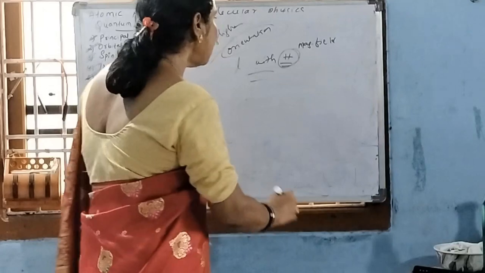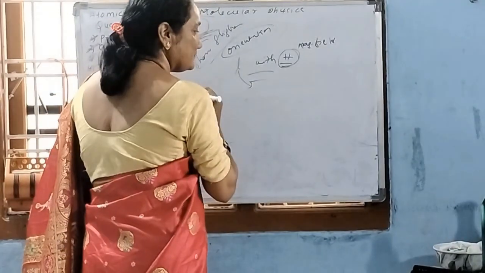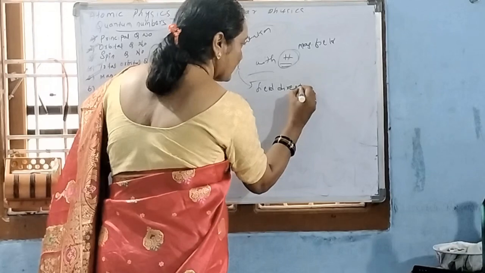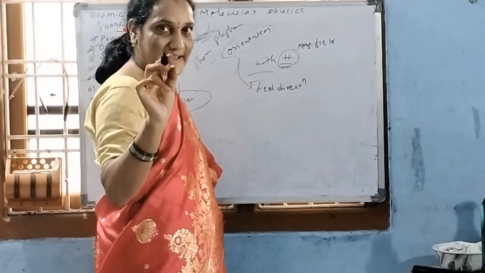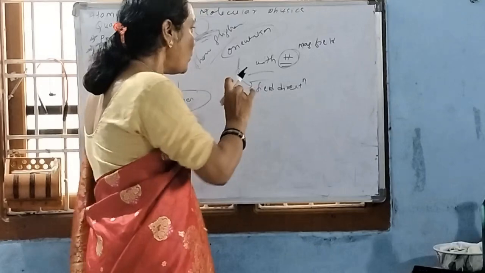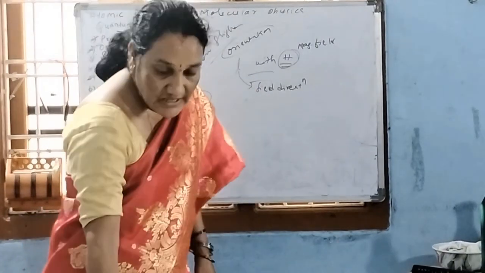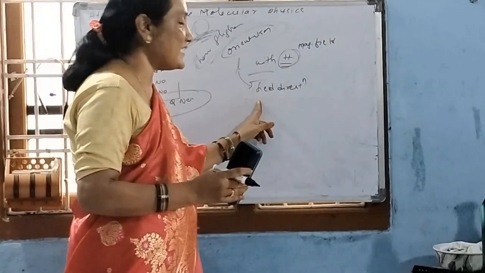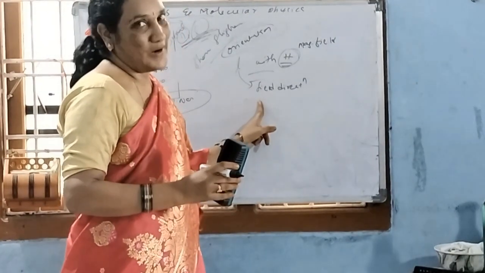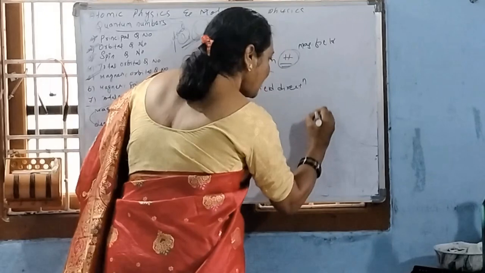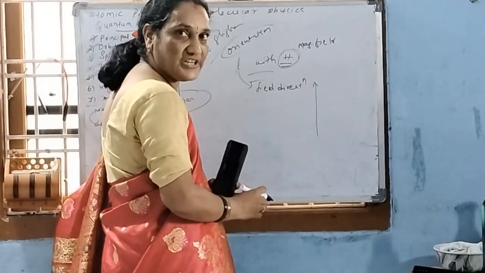Now this orientation of L with the field direction, we call it the magnetic orbital quantum number. Now let this be the field direction.